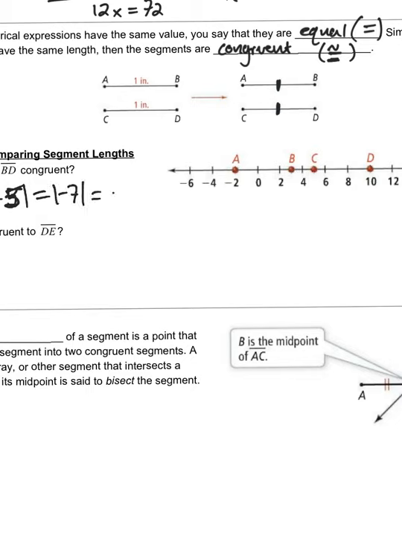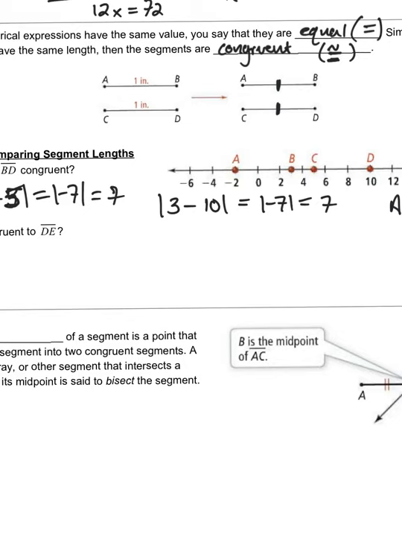And the absolute value of -7 is +7. Now BD. B is 3 and D is 10. So 3 minus 10 is the absolute value of -7. Absolute value of -7 is 7. So AC and BD are congruent. So we could say that AC is congruent to BD.